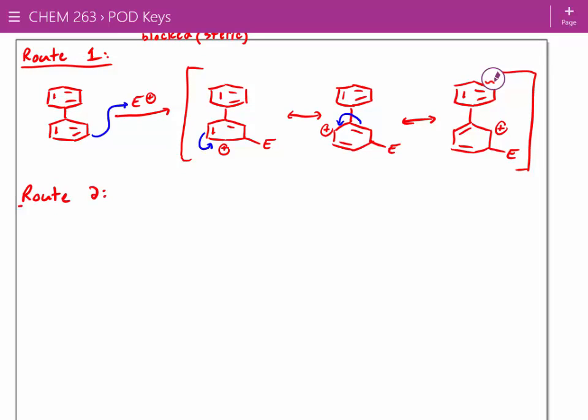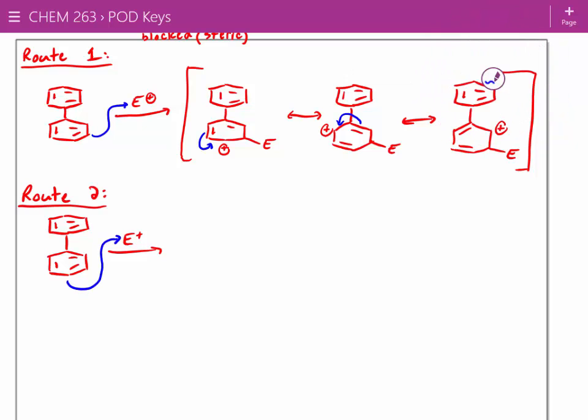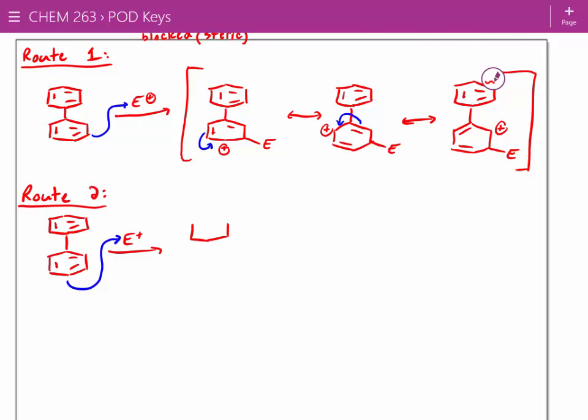where we have a para attack. And again, I'm just going to use our generic electrophile E+. We'll have attack from the para position. And we get our electrophile here, have a positive charge.